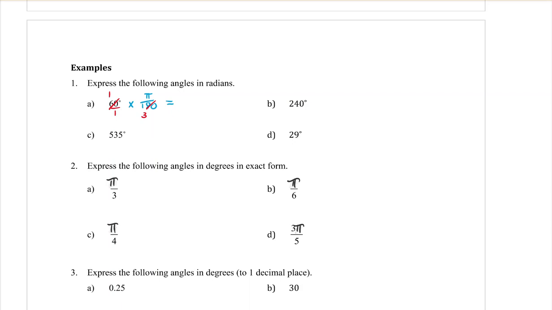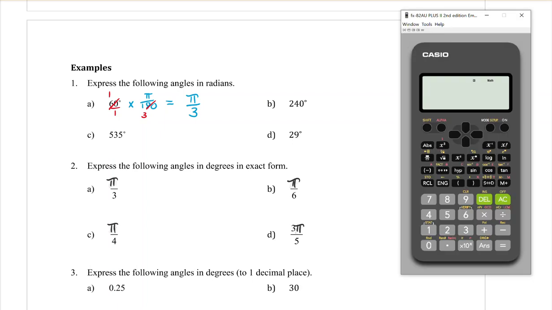That gives me 1 times pi, which is pi on the top, and 1 times 3, which is 3 on the bottom. The other easier way to do that is simply to type in your calculator the 60 on the top and the 180 on the bottom. Get your calculator to simplify the fraction for you, and you just know you need to put a pi on the top. So it's going to be 1 pi or pi over 3.